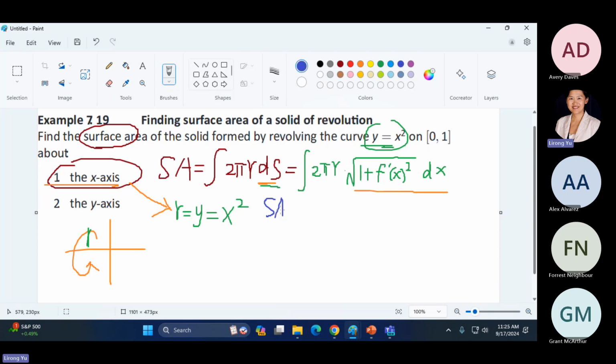So the surface area calculation is the integration from 0 to 1 of 2 pi x squared times the square root of 1 plus the derivative of x squared, which is 2x, so 2x squared, and dx.